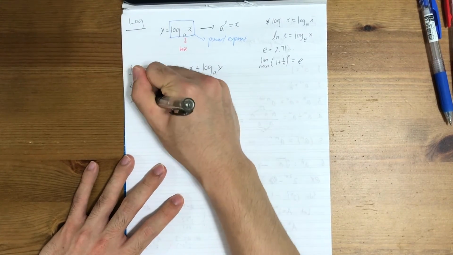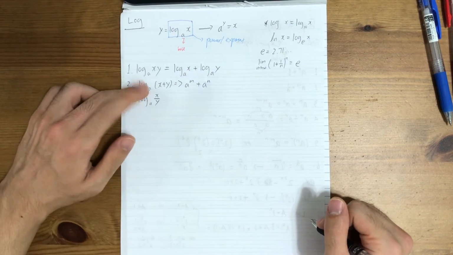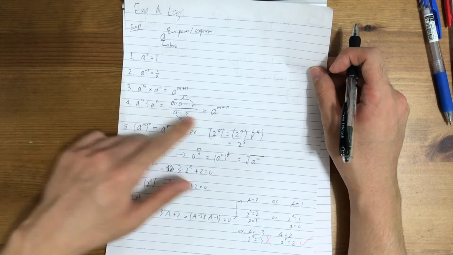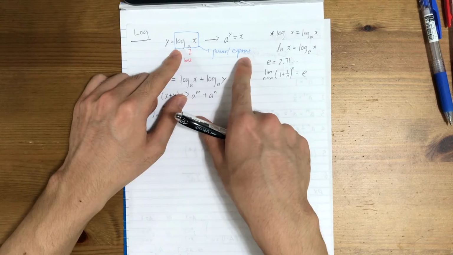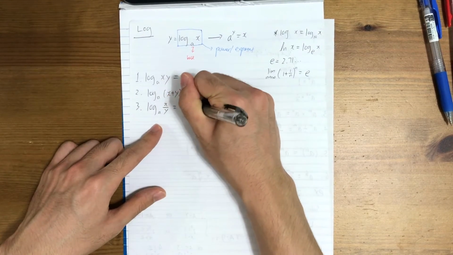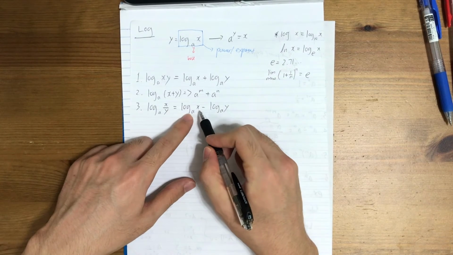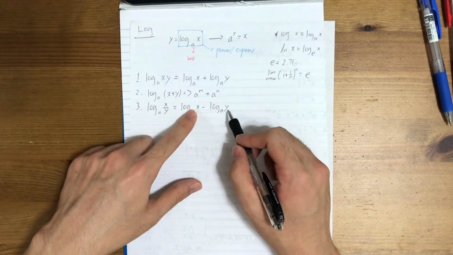Three, if we have a division of two exponential values, then we subtract the powers. Note that the value of log is the power, so we are subtracting x and y, because log base a of x gives us the power for x and the power for y.